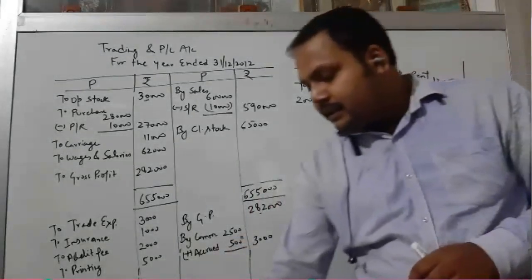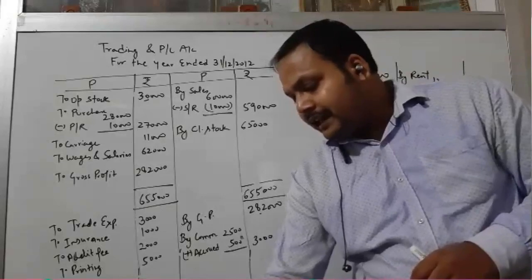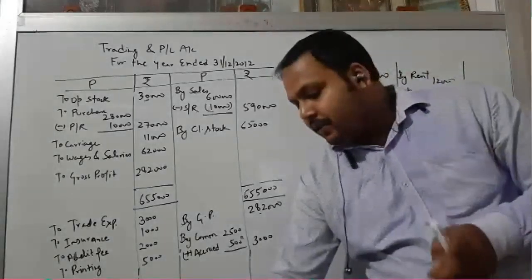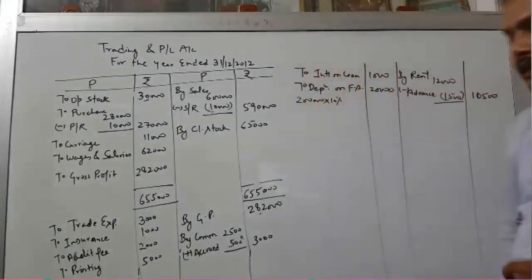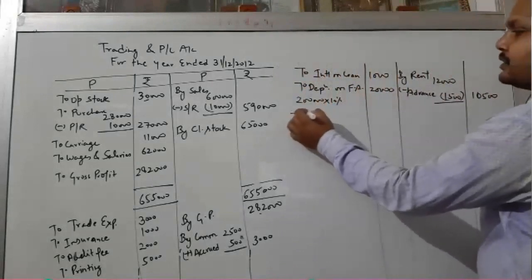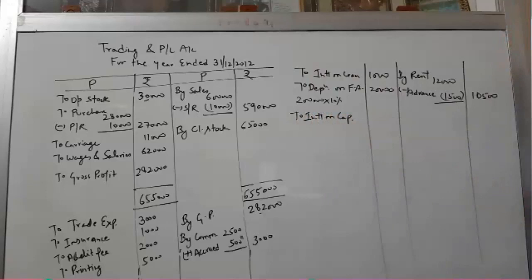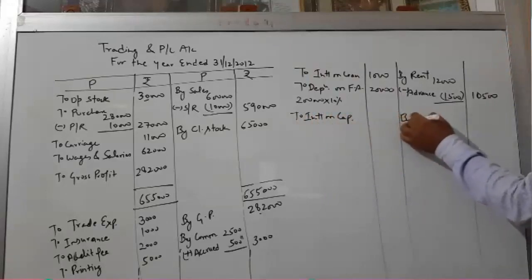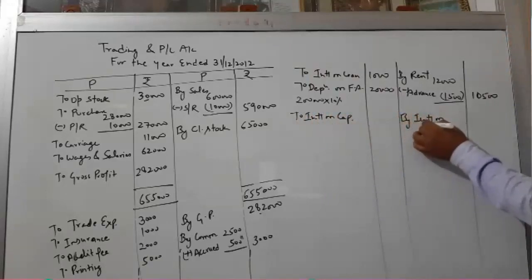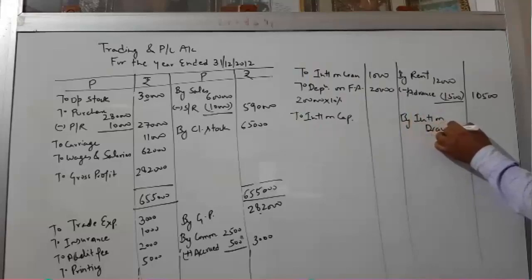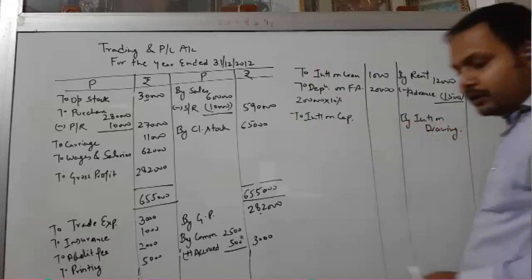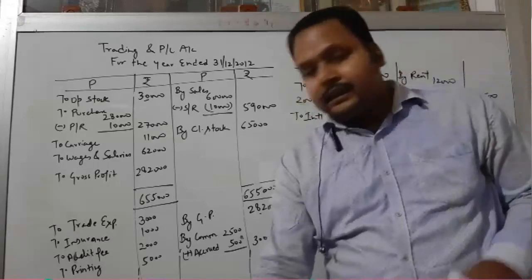And the next is interest on capital allow करना है 8% से, और interest on drawing charge करना है 800 से. You know very well, interest on capital will be shown in the debit side of the PL account, whereas the interest on drawing को हम लोग क्या करते हैं, in the credit side of the PL account. So according to the question interest on capital कितना देना है, 8%.